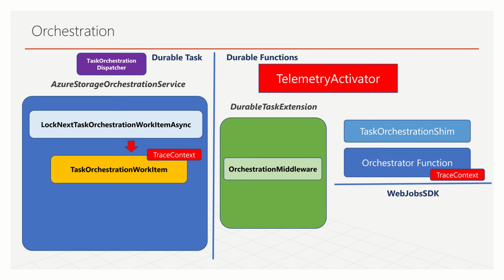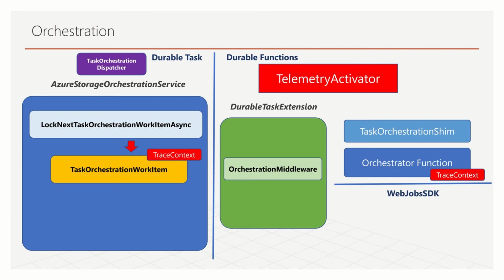And the actual orchestrator function is executed from here. The trace context is already fetched through the task orchestration and task orchestration middleware. That is why the orchestration middleware executes the orchestration function, and why the trace context is already dispatched to the orchestration middleware.